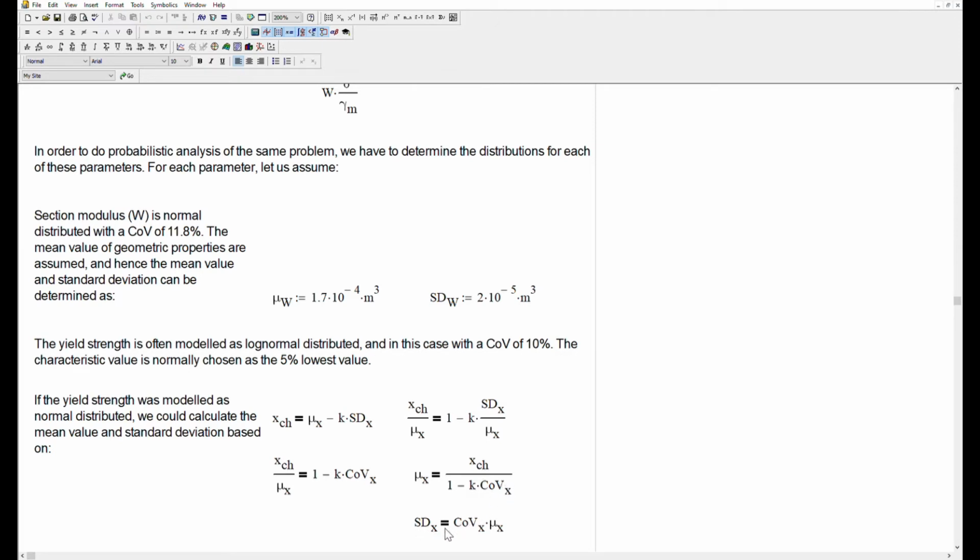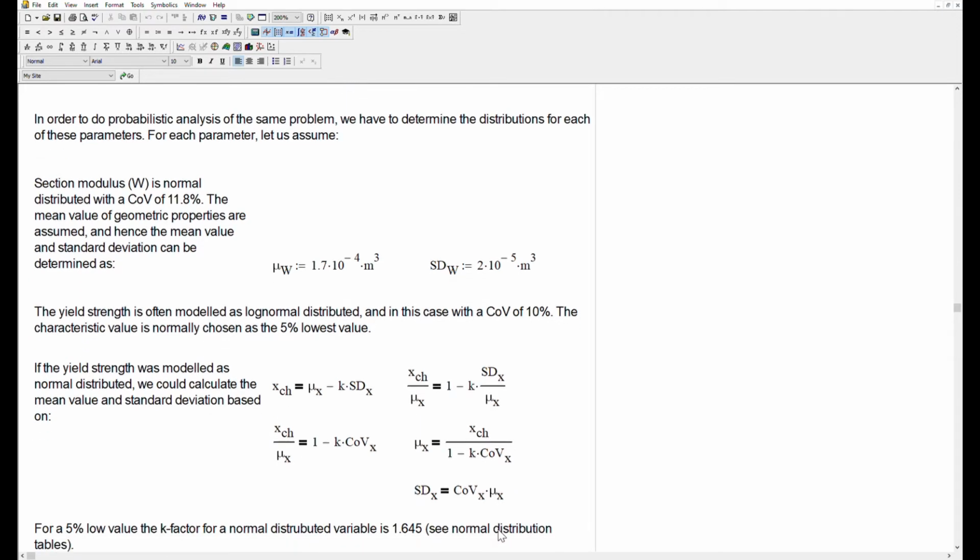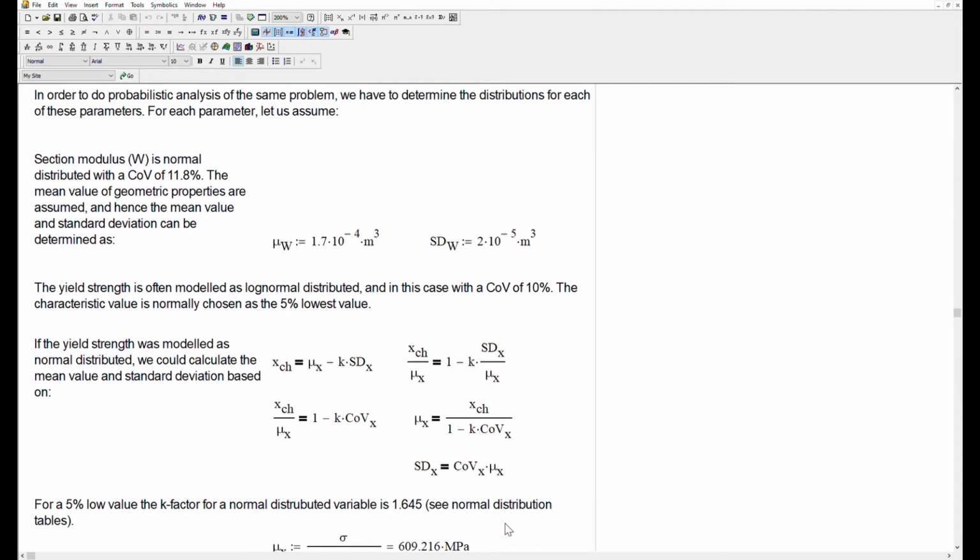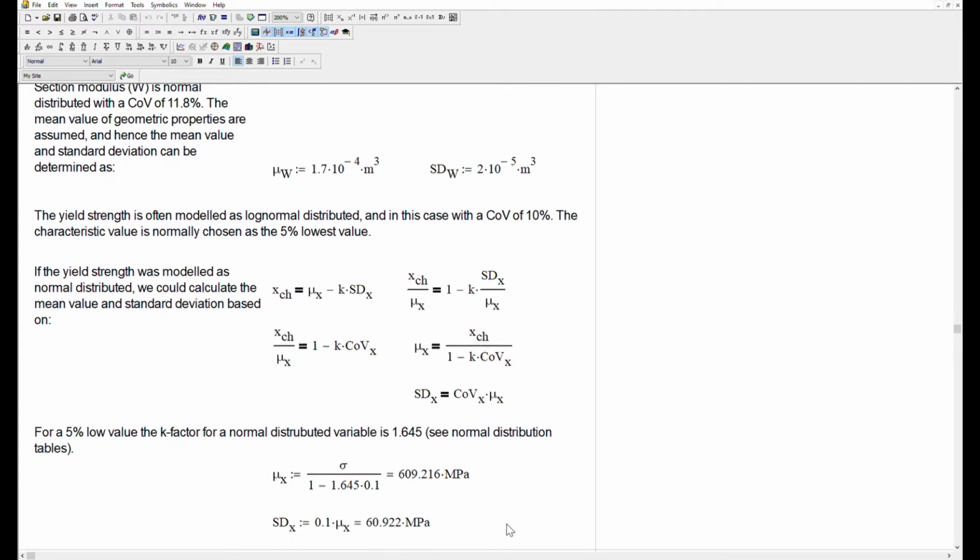And then we know, since we now know the characteristic value that is given typically in standards and the COV, which we have to assume, but there is guidance that we can find for typical COVs. After the mean value is calculated, the standard deviation can of course be calculated as the COV times the mean value. For the 5% low value, the k factor for normal distributed variables is 1.645 according to normal distribution tables.